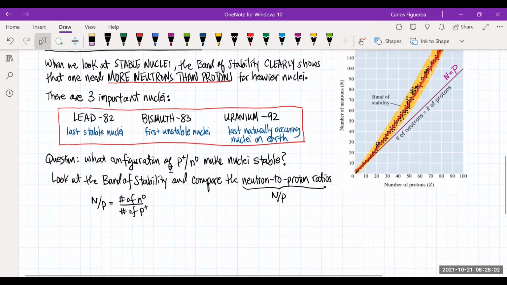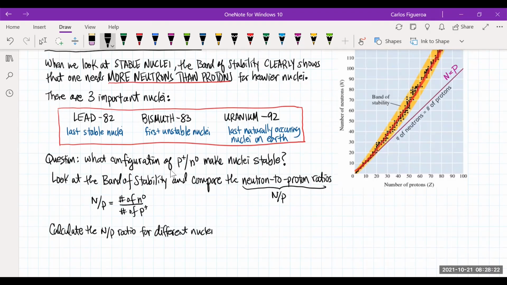So what we want to do here is calculate the n/p ratio for different nuclei. And what we're going to look at is lightweight, midweight, and heavy nuclei, okay?